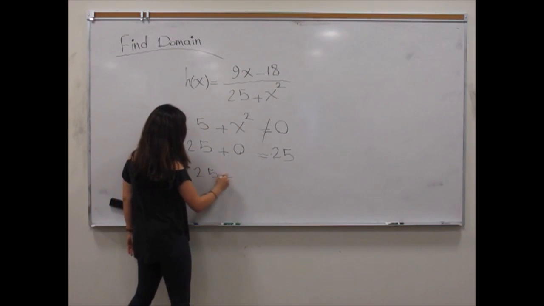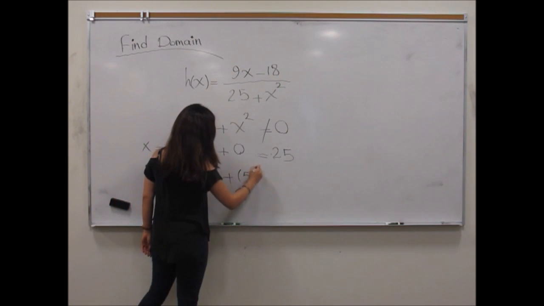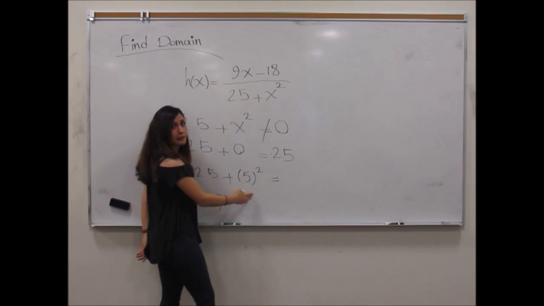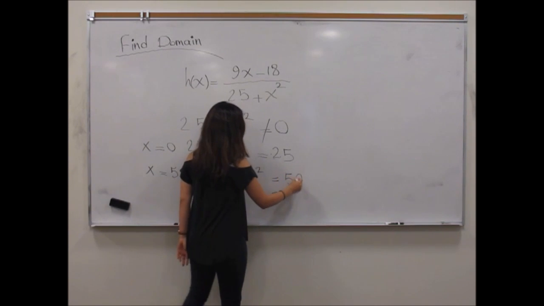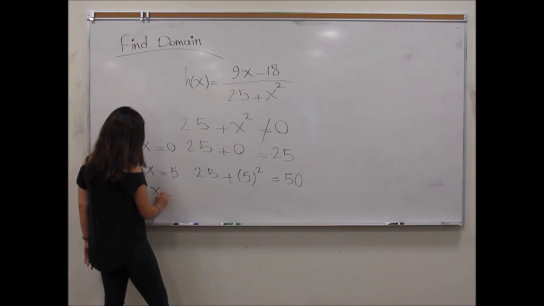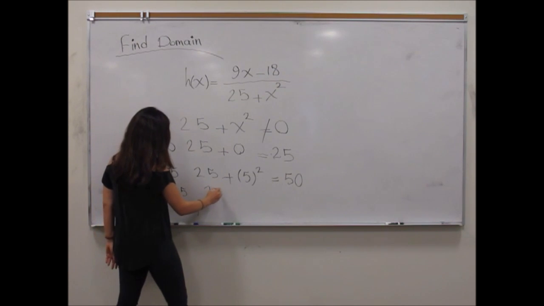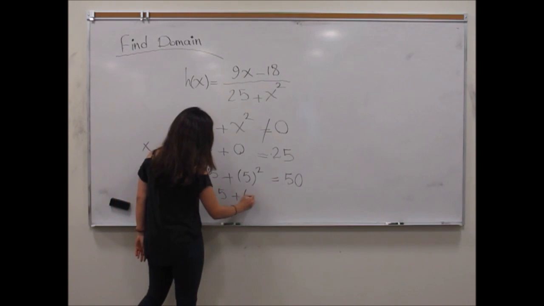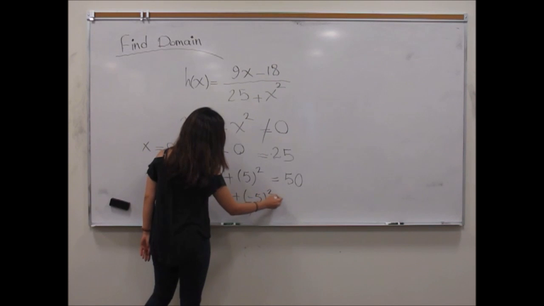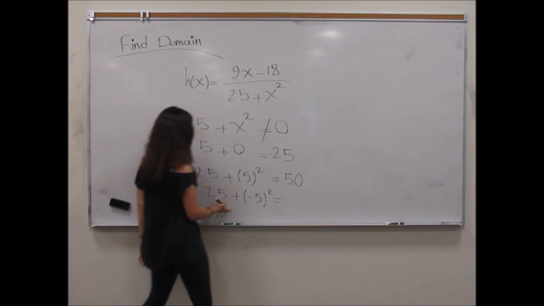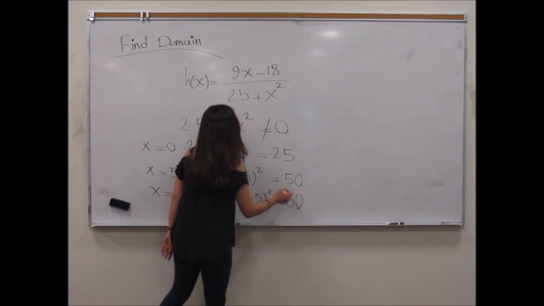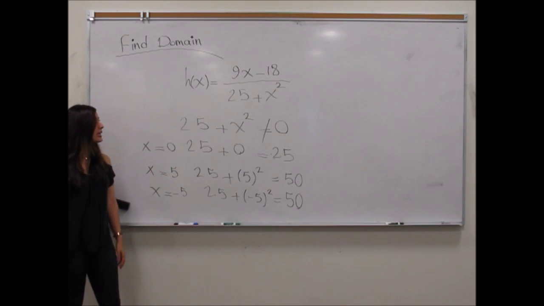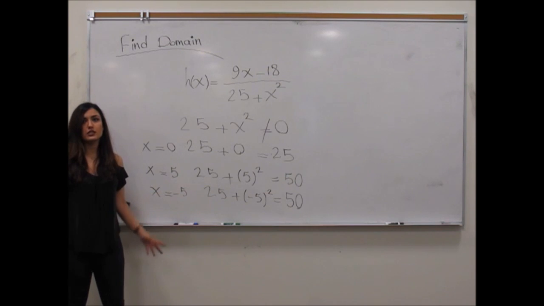It's 25 plus 5 squared, which is 25 plus 25, which gives me 50. Or if I plug in -5, I get 25 plus -5 squared, and -5 squared is +25, so again I get 50. So this denominator for any x value wouldn't be 0, so the domain of the function is all real numbers.